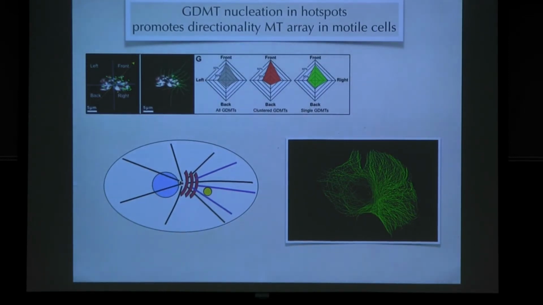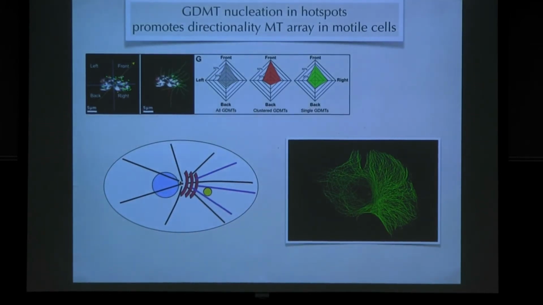Do you have any thoughts as to whether that's a result of more nucleation on the side of the Golgi that's pointing towards the front, or whether it might be just more stabilization of microtubules? So single microtubules are formed more randomly than clustered microtubules.